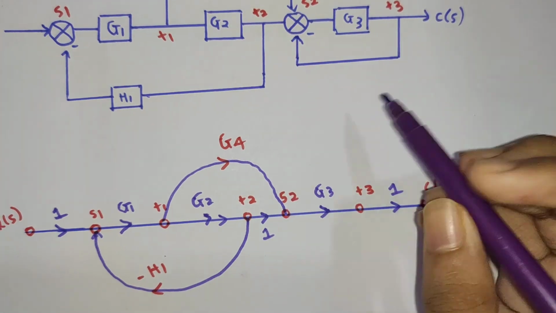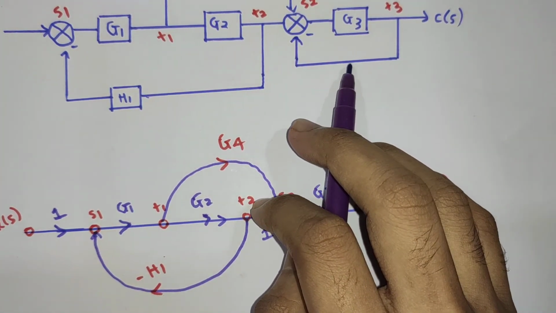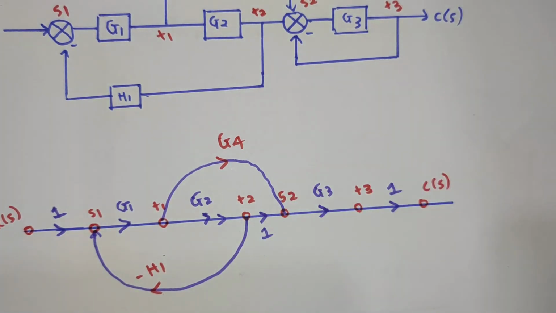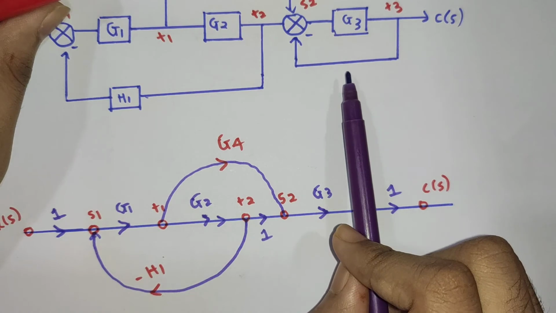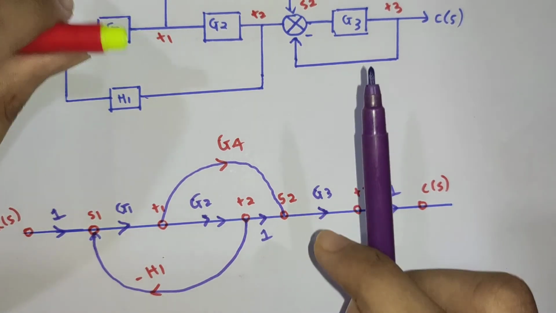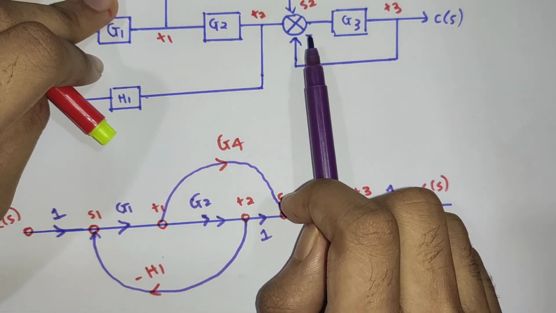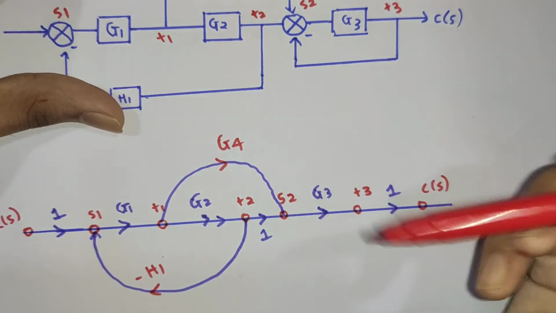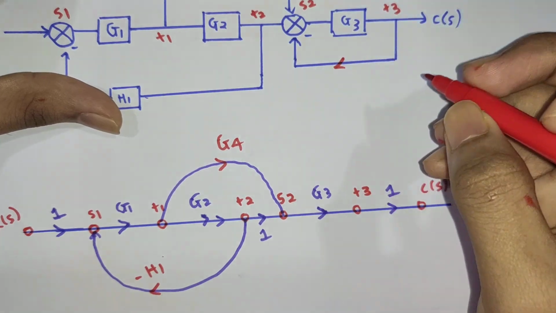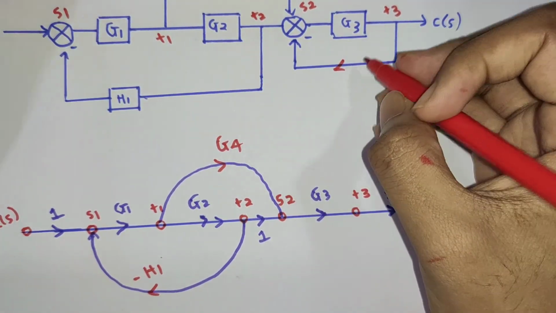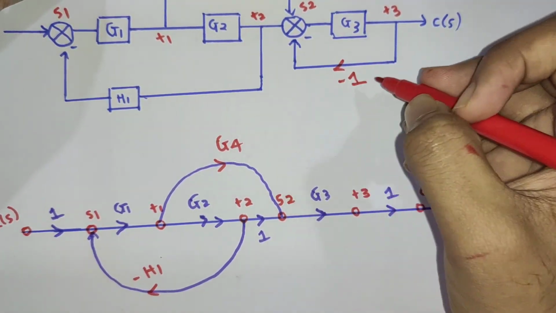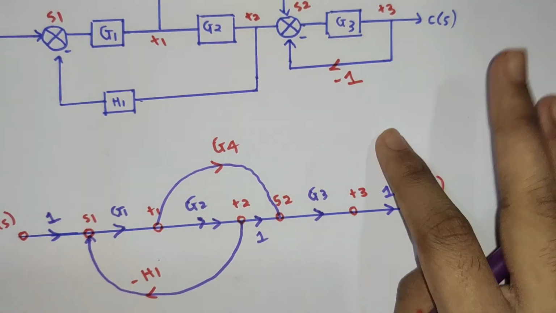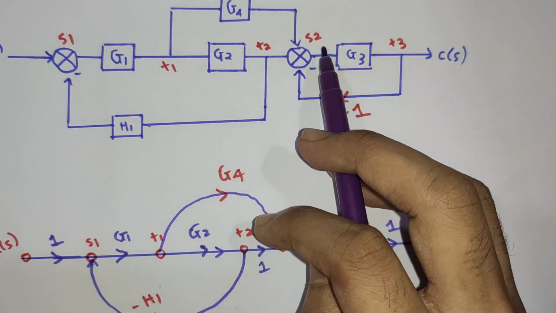Now there's another feedback loop, and here the gain is not given. So what will you assume? You will assume 1, but because the sign present at the summing point is negative, the gain of the feedback loop is going to be minus 1, and that minus 1 is from T3 to S2.